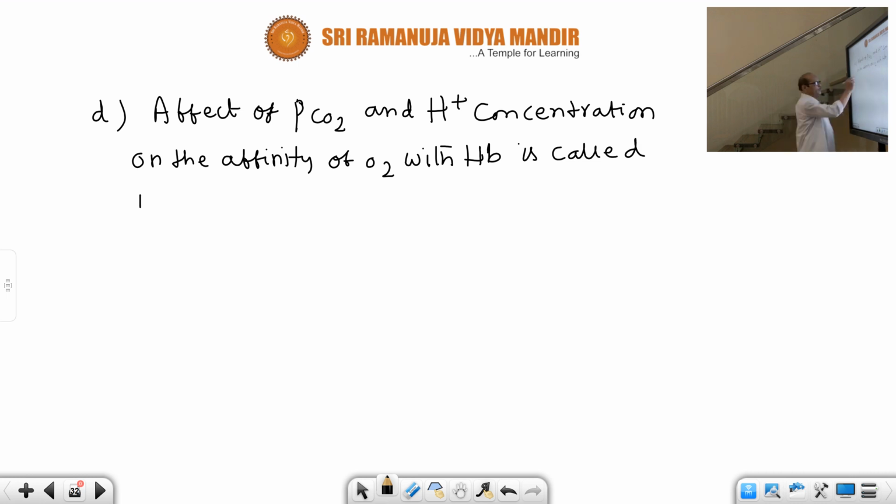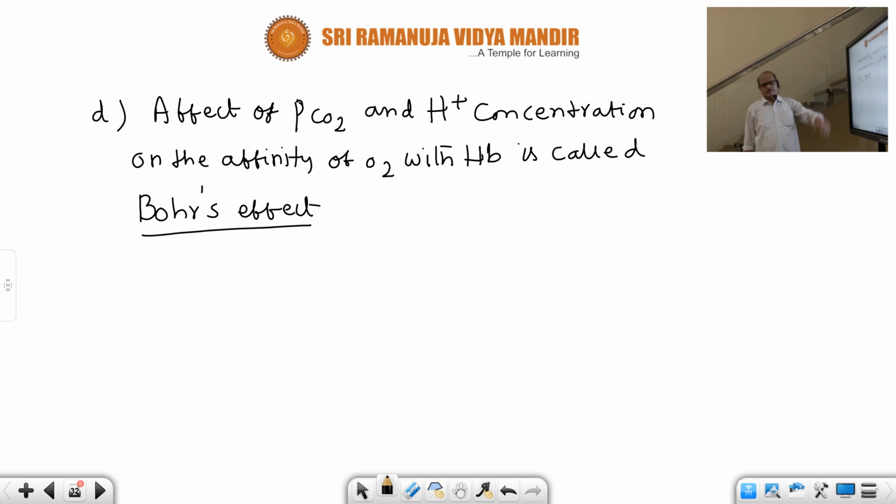Bohr's effect, B-O-H-R. This is also a 2 marks question. Bohr is a scientist. So on the name of the scientist, you should say this event was explained by Bohr. Hence it is Bohr's effect.